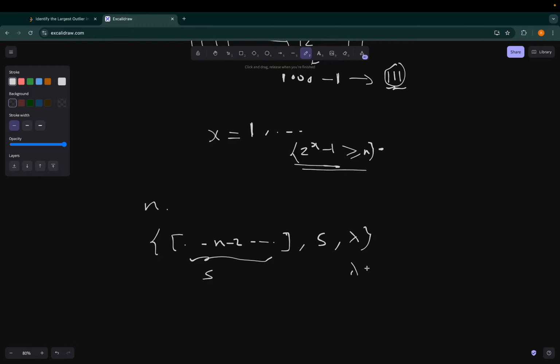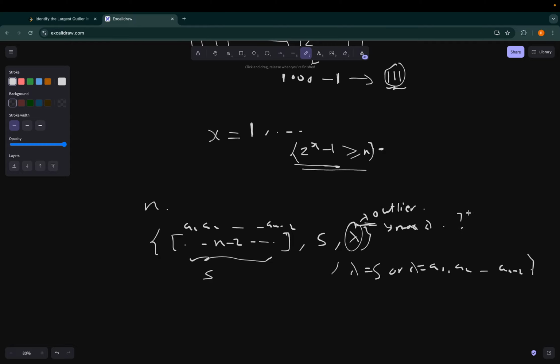Lambda can be equal to s, or lambda can be equal to any of these numbers a1, a2, up to a n minus 2. We don't care. So this lambda is the outlier, and we have to find the maximum lambda, max lambda.